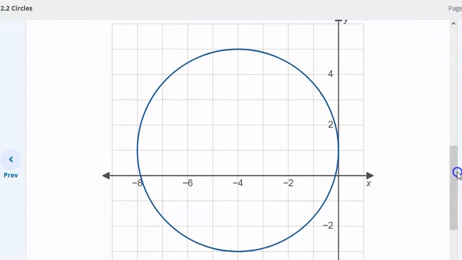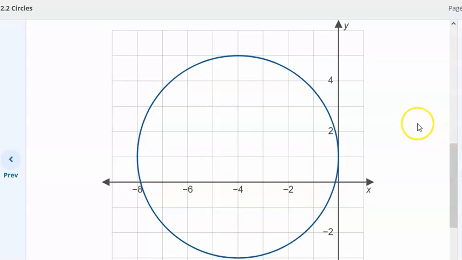So what is the center of the circle? Well, we said a -4 and a 1, which is going to be right there. And what was our radius? We said our radius was 4. 1, 2, 3, 4.